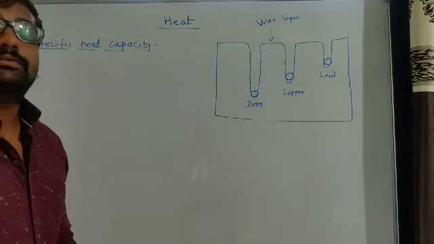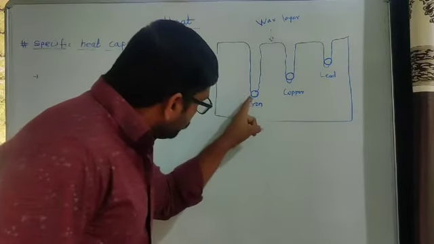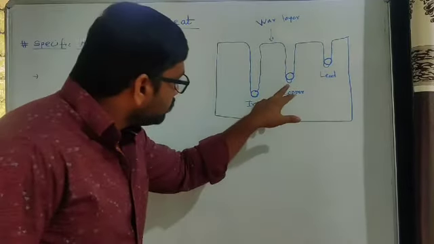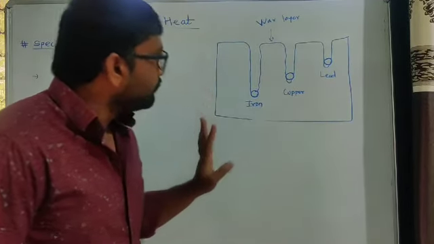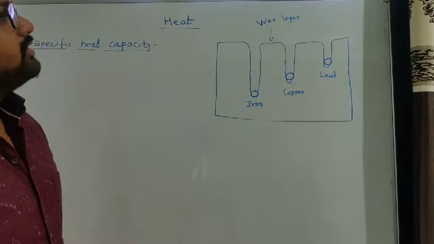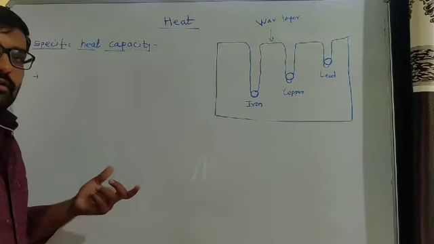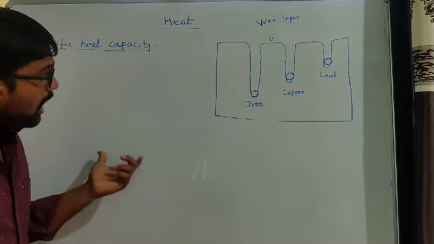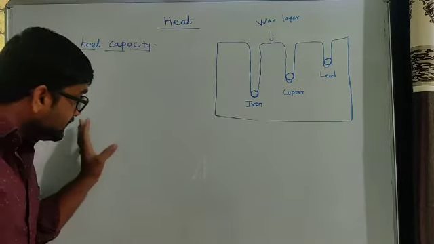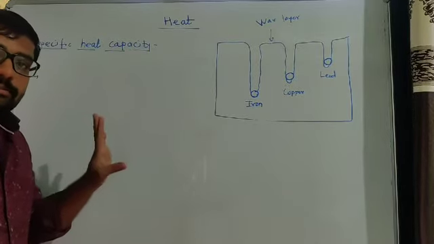After some time we will see that this iron ball goes to that much depth and remains there, then this copper ball goes up to that much depth, and this lead ball goes up to that much depth. Initially, in the starting condition, we take all three balls out of the boiling water, which means the initial temperatures of all balls are the same.